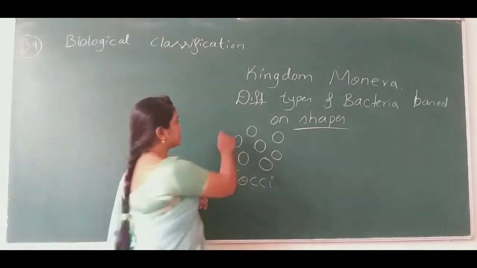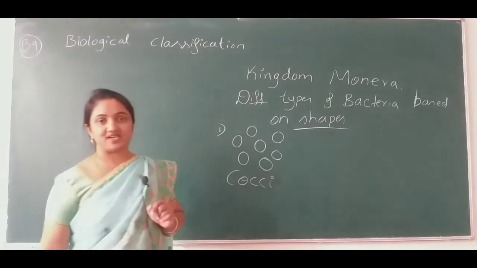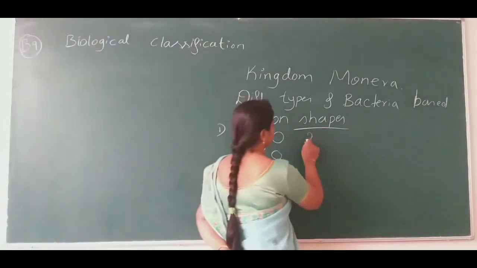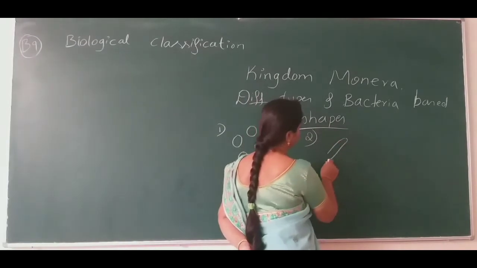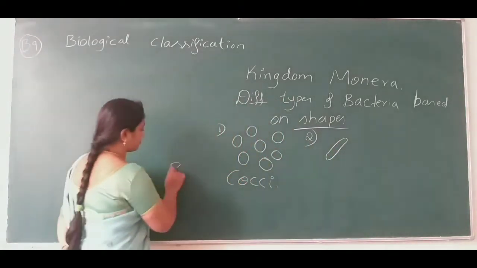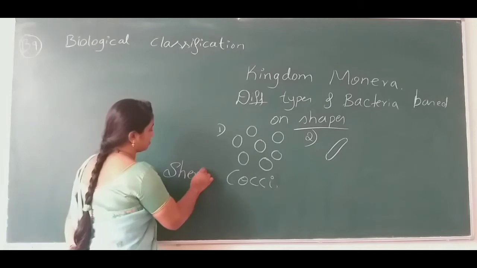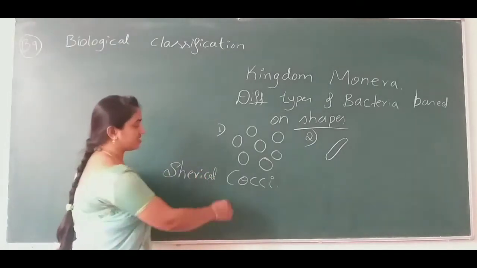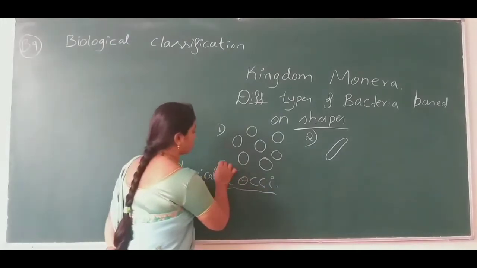This is the first type of bacteria, and the second type is rod shape. So these are spherical shaped bacteria known as cocci.